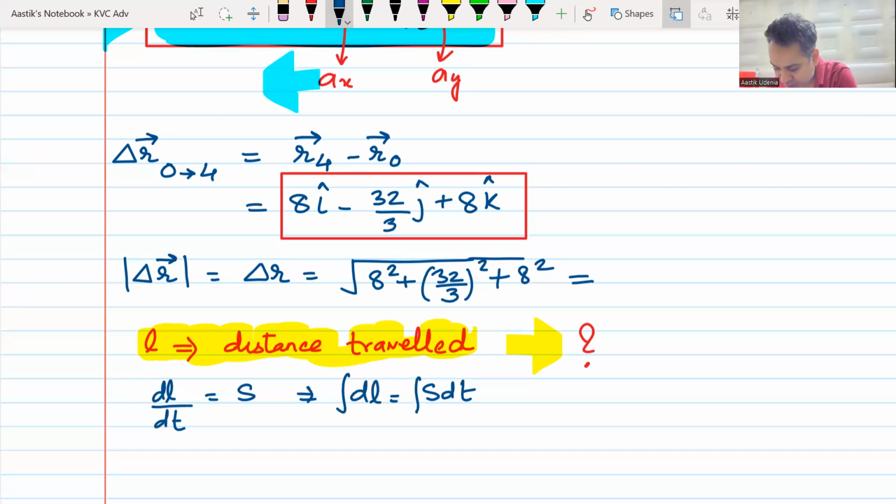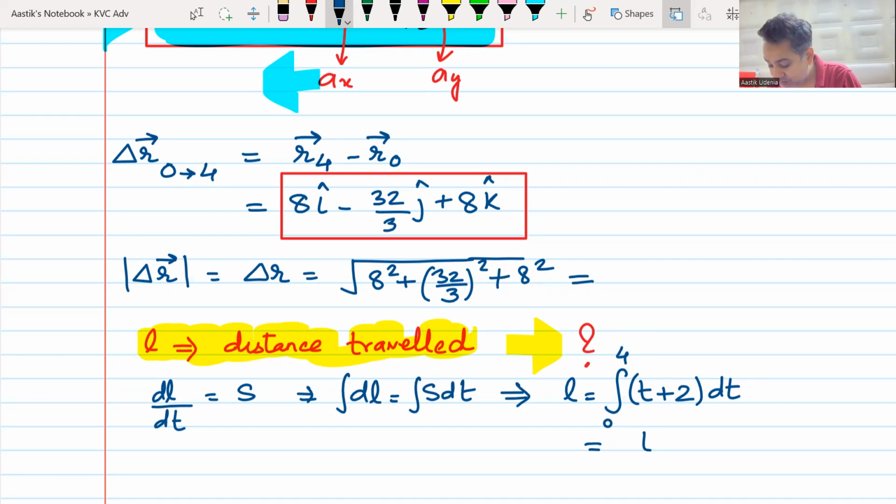To find out the total distance L, that will be the integral of speed dt. Speed we had found out was t plus 2. So the integral of t plus 2 dt, we just need to integrate this from 0 to 4 seconds and you will have the answer.